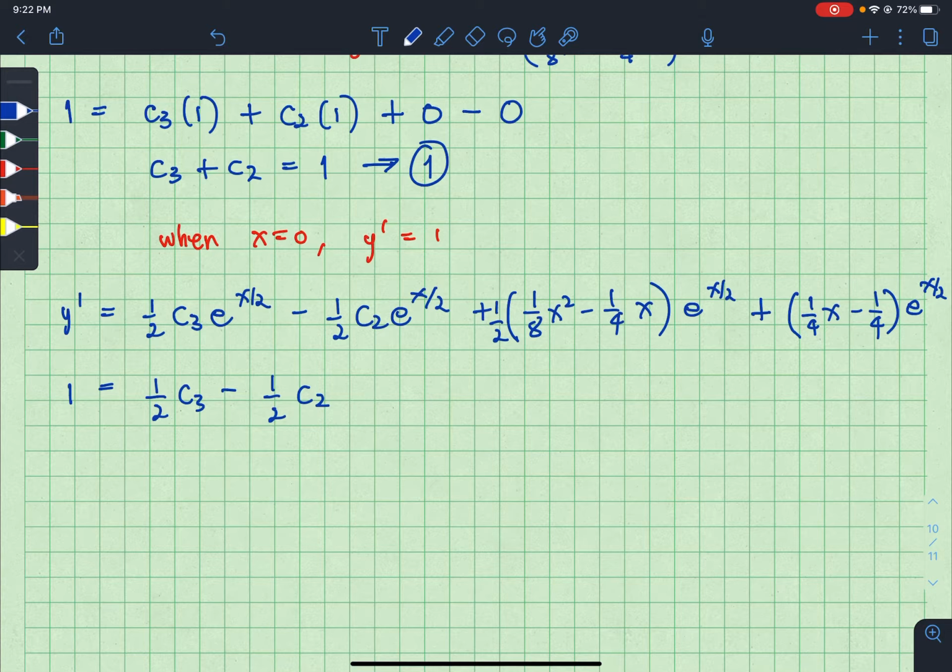Okay. And next, we have x squared, which is 0. X is still 0. So therefore, the whole of that is 0. So plus 0. And plus 1/4 times 0 is 0. Minus 1/4 times 1. So we'll just have a negative 1/4 there.